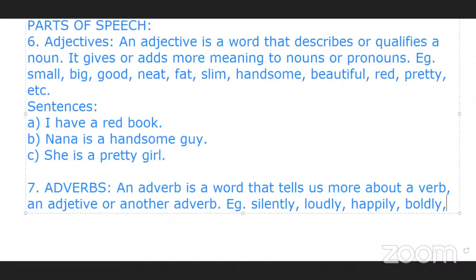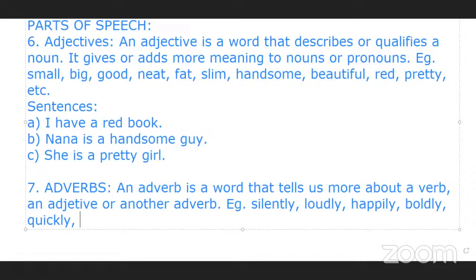Which one do you say? Really. Okay, so your examples, your sentences will show me. Your sentences will confirm whether a word qualifies as an adverb.